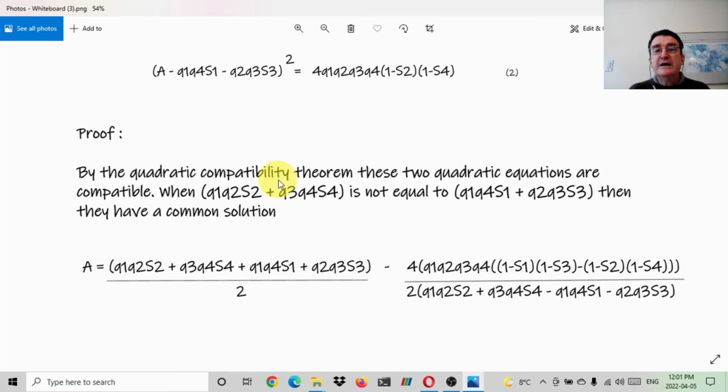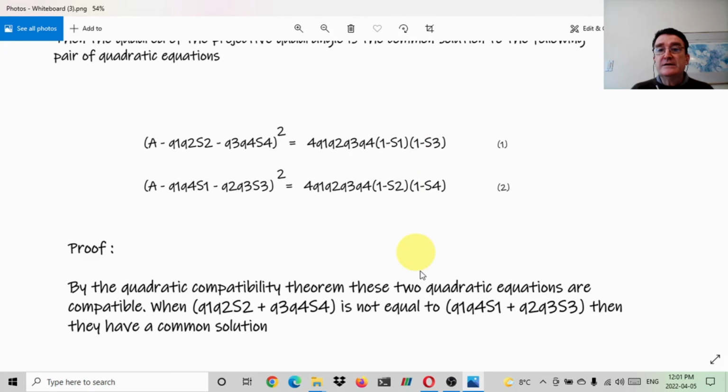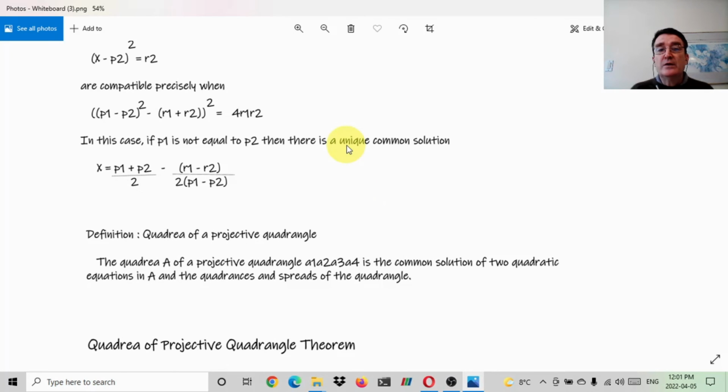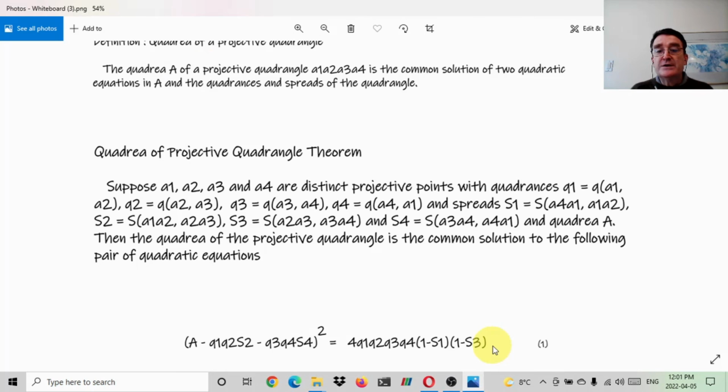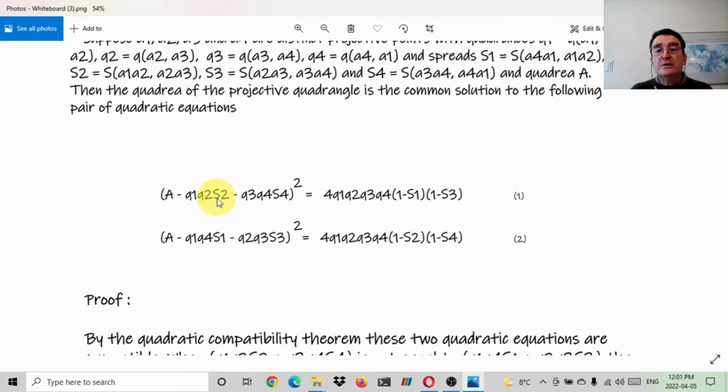And the proof: by the quadratic compatibility theorem, these two quadratic equations are compatible, meaning that they satisfy this equation here, where p1 is Q1 Q2 S2 + Q3 Q4 S4, and r1 is the right-hand side here, and p2 is Q1 Q4 S1 + Q2 Q3 S3, and r2 is this quantity here.